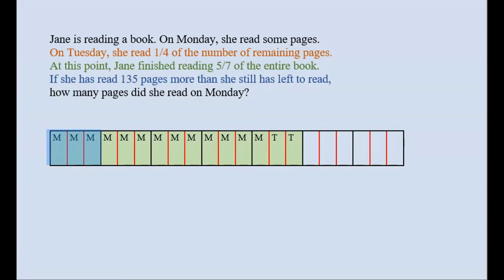How many slivers do I have for Monday? Let's count it. 1, 2, 3, 4, 5, 6, 7, 8, 9, 10, 11, 12, 13. Each check mark represents a sliver, and each sliver represents 15 pages. So how many did she read?